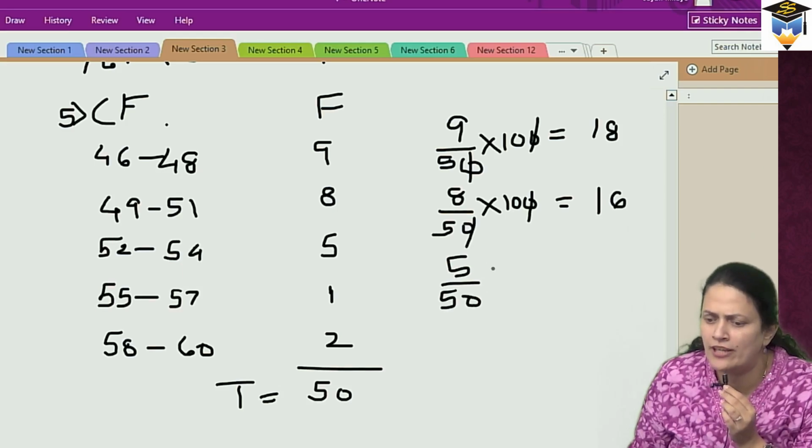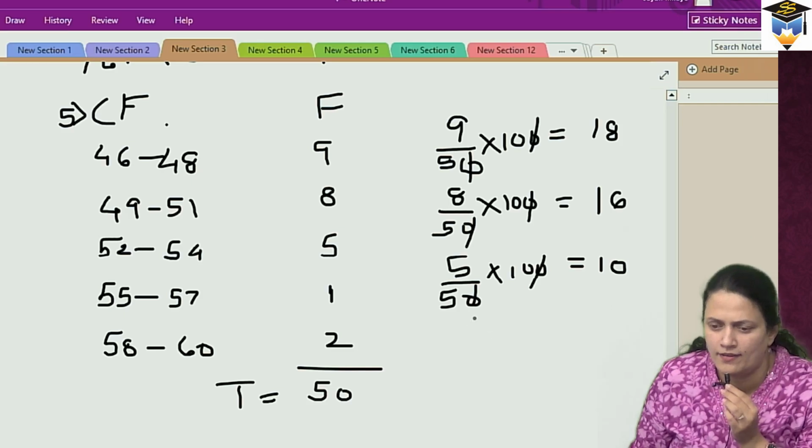Tell me, how much is 5 upon 50 into 100? 10. Then next is 1 upon 50 into 100. That is nothing but 2.